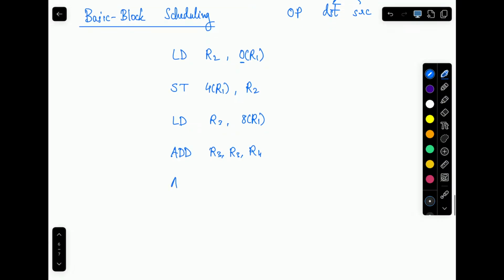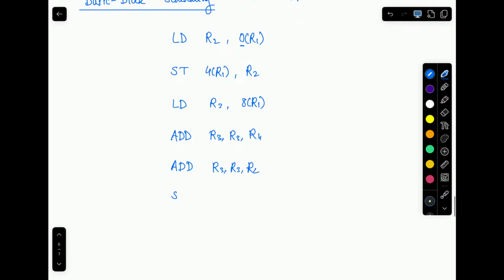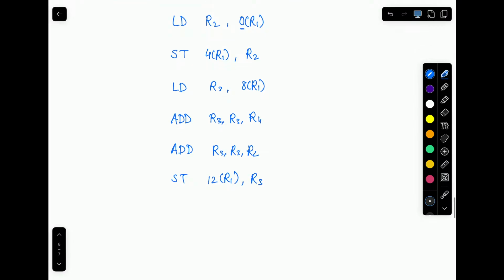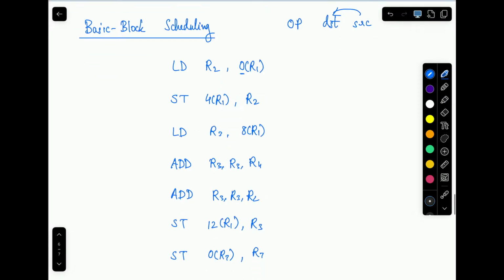Then I have 3 more instructions: add R3 R3 R2, then store the result in R3 into the memory location that you obtain by adding 12 to the content of register R1, and finally store into the address obtained by adding 0 to the content of register R7 the value of R7 itself. It's like star A equal to star A, the last instruction like we had seen earlier.